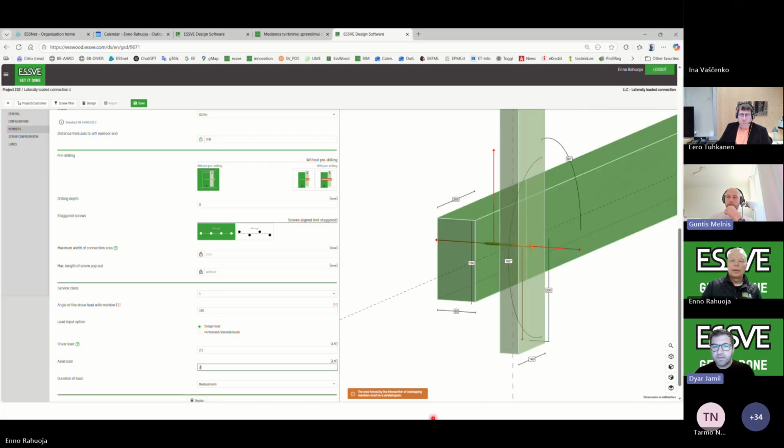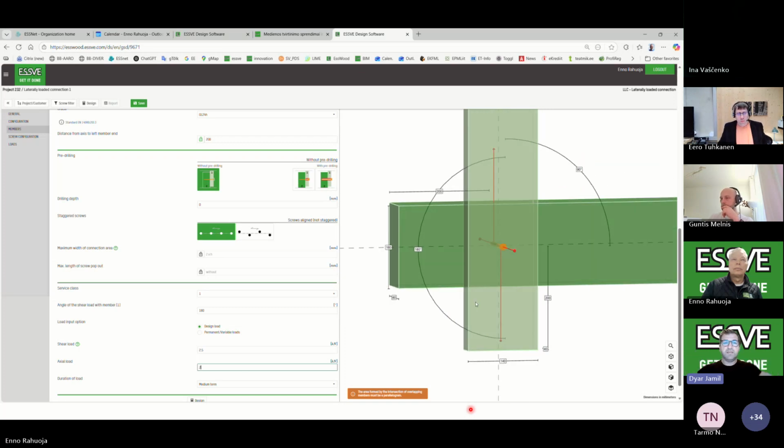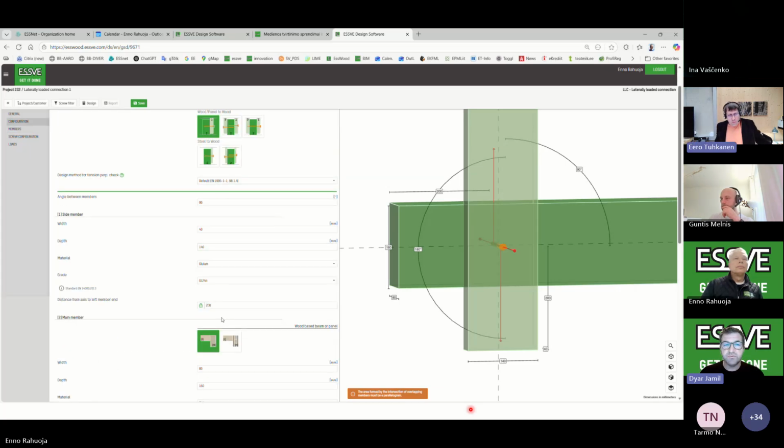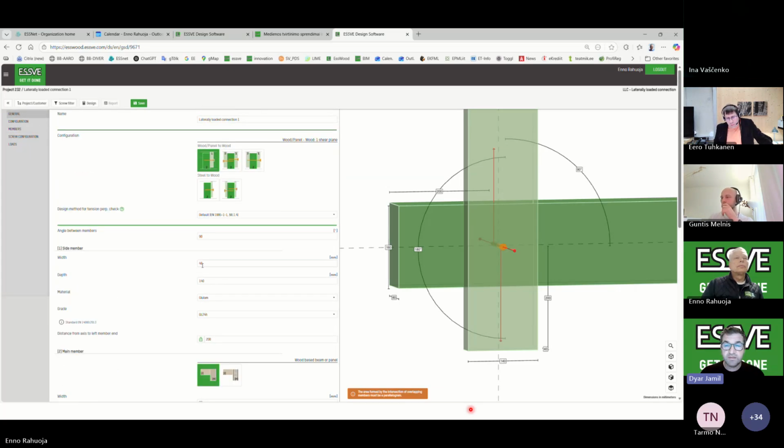Okay, yeah. It's not an error in the software, just a comment in the software. It's just wording in the program saying that the connection area between the main member and the second member must be rectangular, must be full area. Otherwise, if you change the secondary beam to, say, 45 degrees, I will change it here, then you will see it.